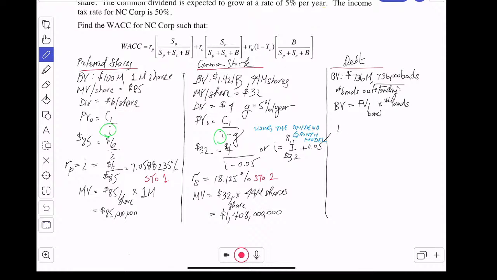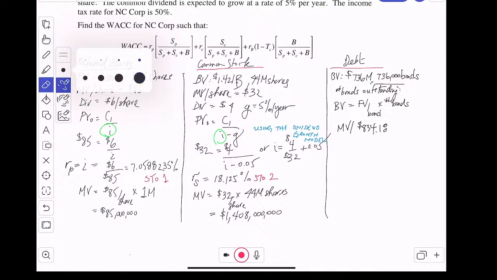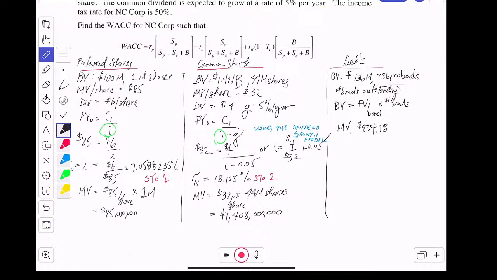The market value, you're told, per bond is $834.18. I guess that's per bond.